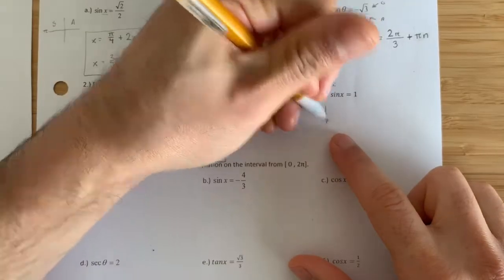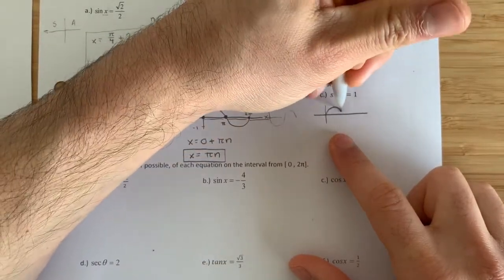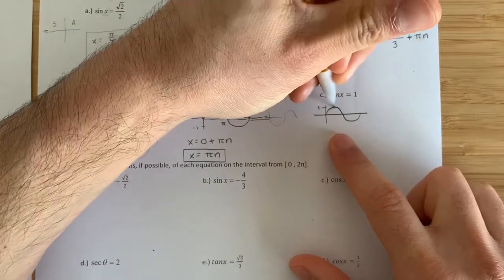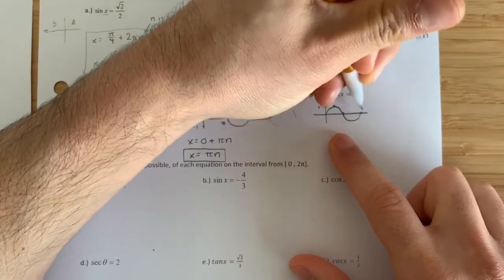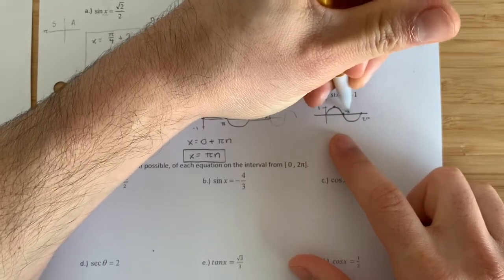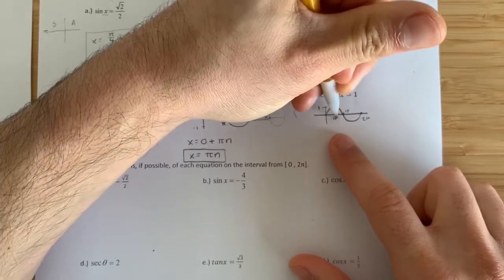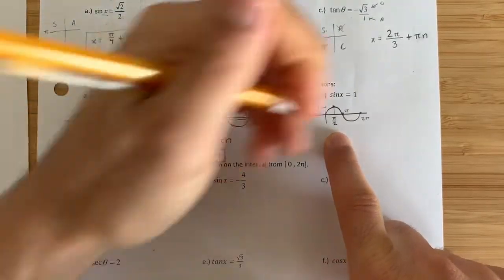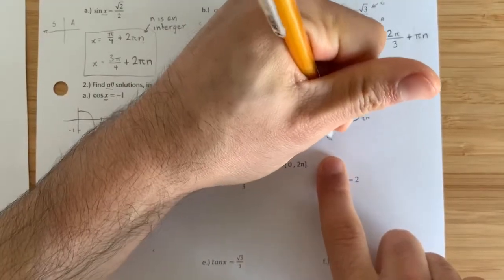Sine x equaling 1. So sine equaling 1 is up here, and this is 2 pi here, it's pi here. So 1 is at pi over 2, and I can say my answer is pi over 2.